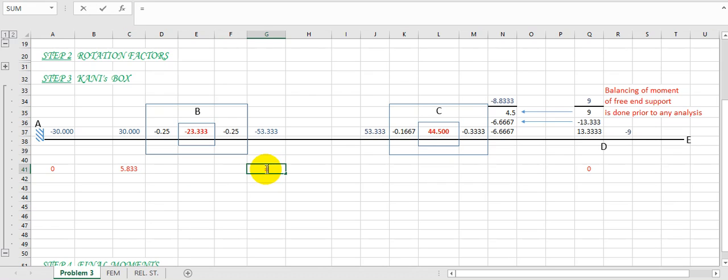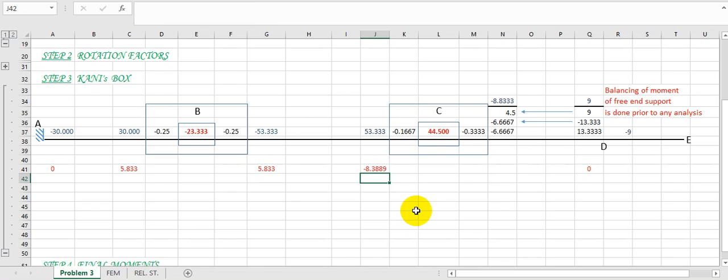Now we'll find the iteration value of BC in a similar manner: summation of moment plus the latest iteration value of the left support plus the latest iteration value of the right support, into the rotation factor, will give me the iteration value of BC. Again a similar procedure for CB: summation of moments plus the latest iteration value of the left support, since B is to the left of C and the latest iteration value is 5.833, plus the latest iteration value of the right support, which is 0, into the rotation factor.